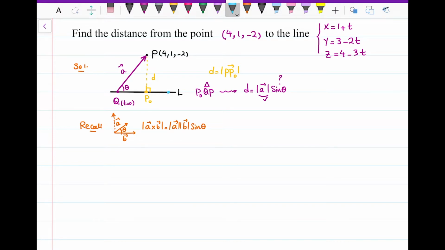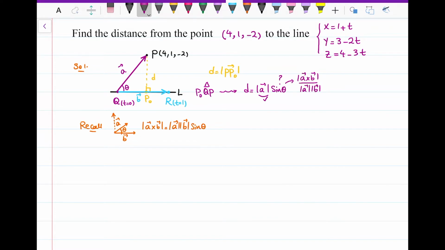So I just pick one arbitrary point, let me call it R, where R is the line at t = 1. So now I have a vector in here. Let me call this vector the vector B. Okay, so sine theta in here would be the length of the cross product of two vectors A and B over the magnitude of both.